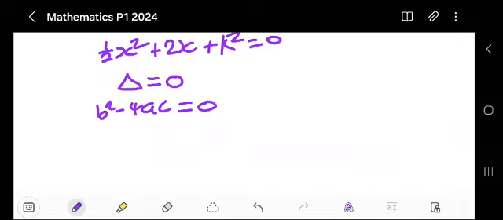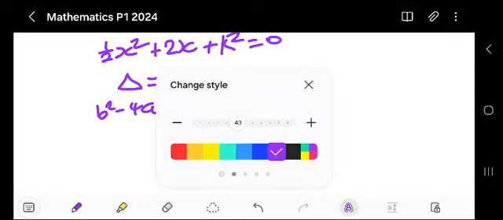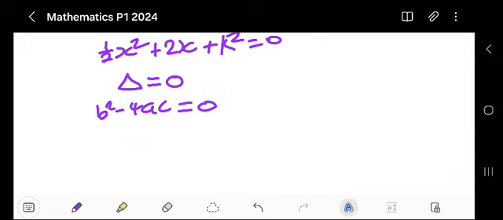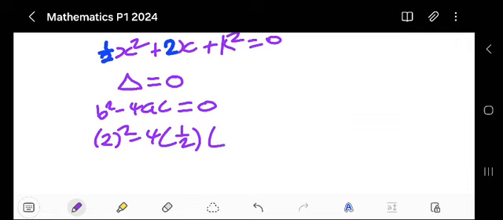Fine. Then here we have our b, as you can check there, our b is 2. So we will have 2 squared minus 4, our a there is 1 over 2, and c will be k squared there.